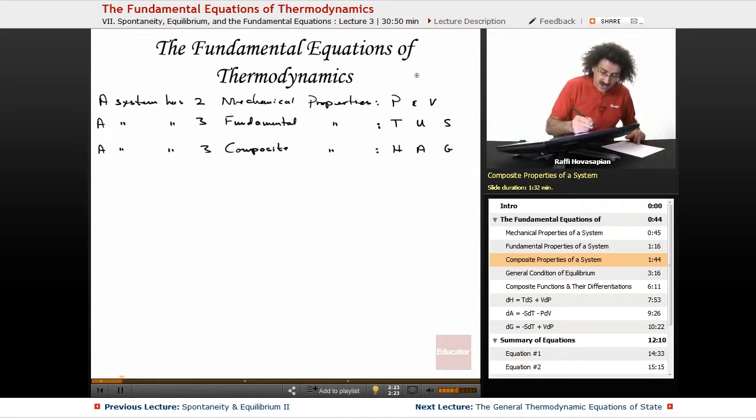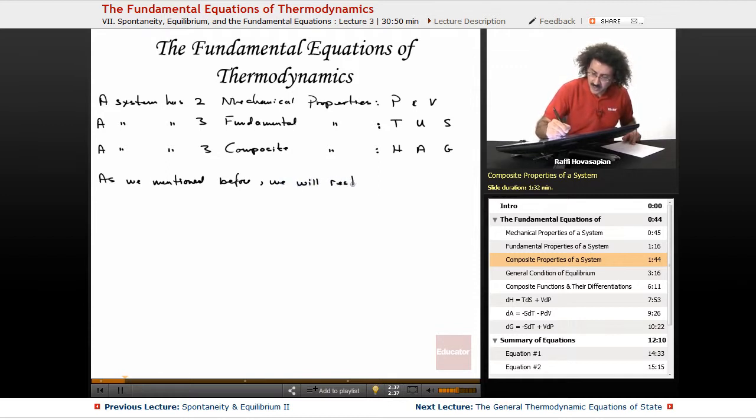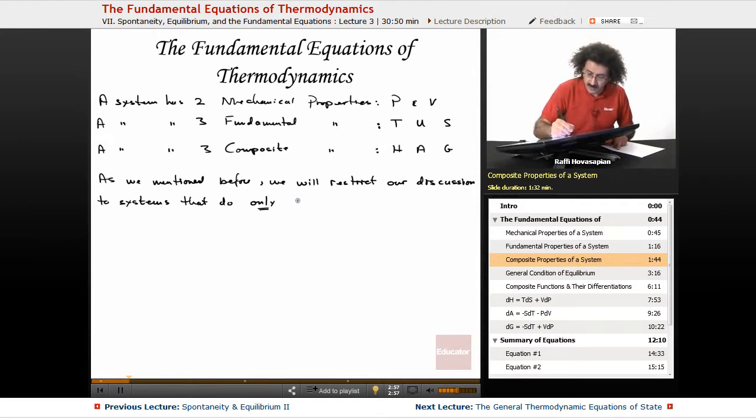Okay. Now, as we mentioned before, we will restrict our discussion to systems that do only pressure volume work.